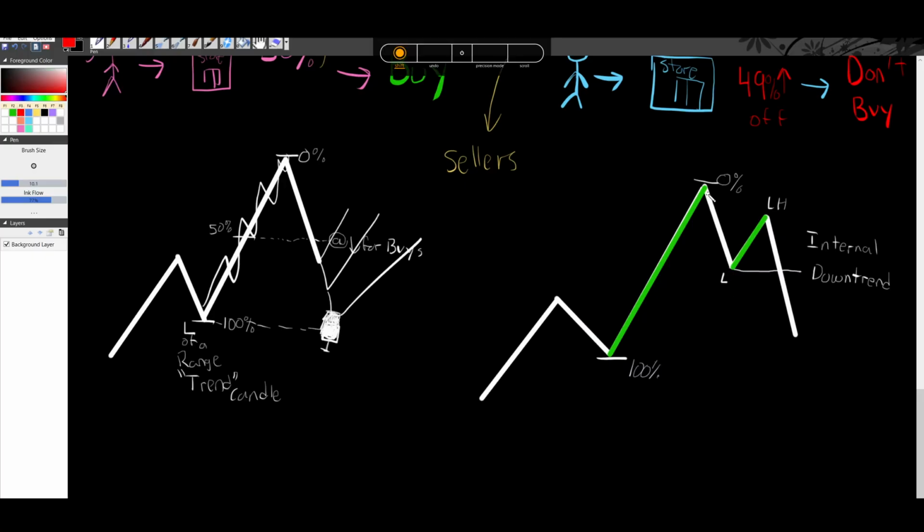So price coming down, that's fine, because price needs to come down in order to make a higher low, which is bullish. There's nothing wrong with that. You see how we need selling in order to create something bullish? There's nothing wrong with that. But now we bought to create something bearish.